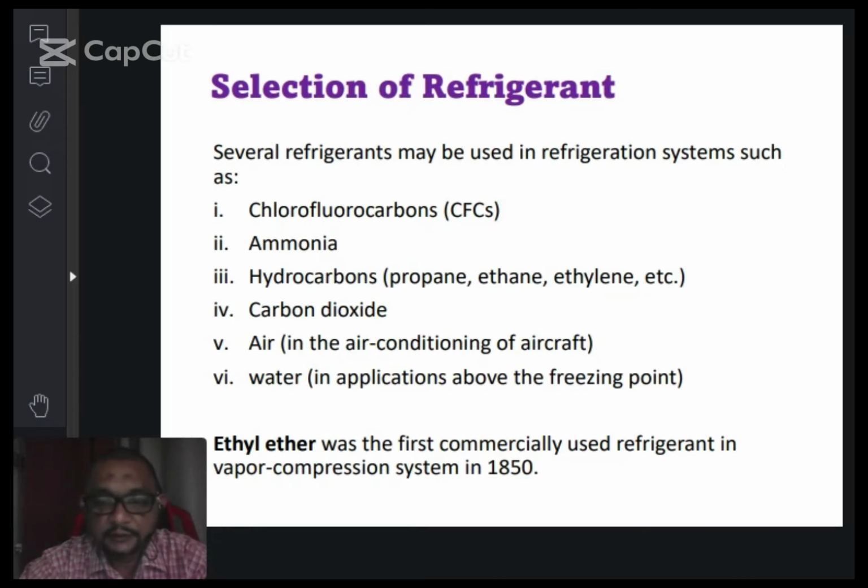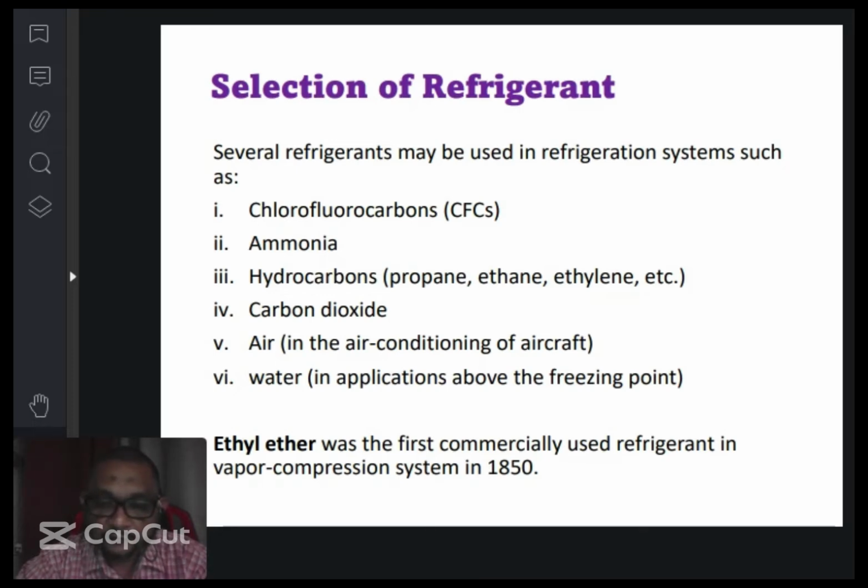Refrigerants also can use carbon dioxide. Air, that means in the air conditioners of aircraft, we take the atmosphere air, and water, in applications above the freezing point.